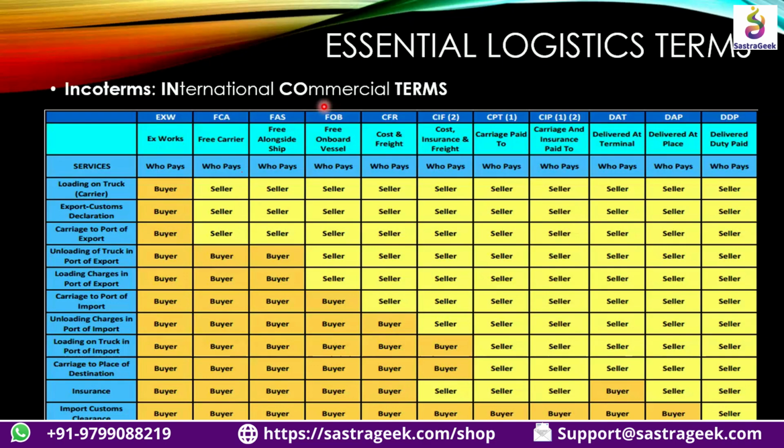And most likely when you are going in this direction, this same information gets propagated to all the downward levels. That means the moment it comes down to you, you always see that FOB is already written out over there, or you are always guided to maintain FOB only for your businesses. It is because it is already pre-designed and pre-decided what services a seller will be paying and what services the buyer will be paying.